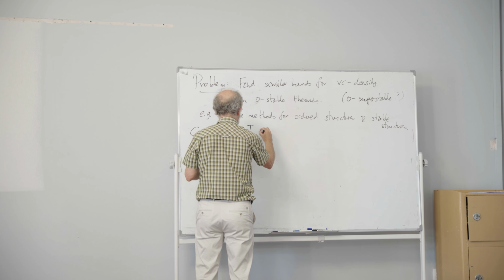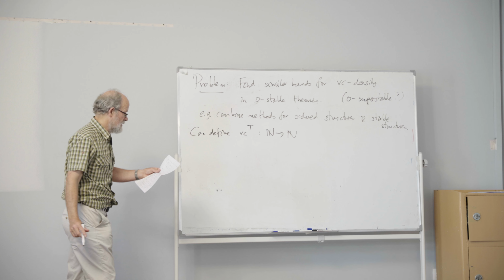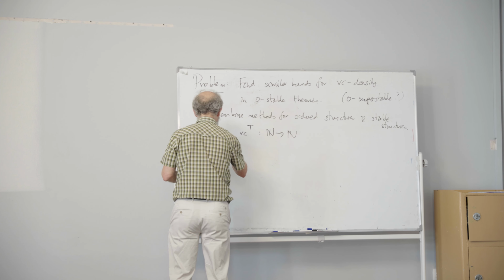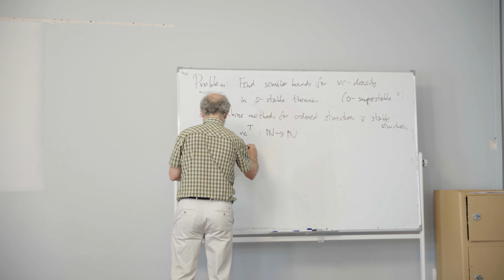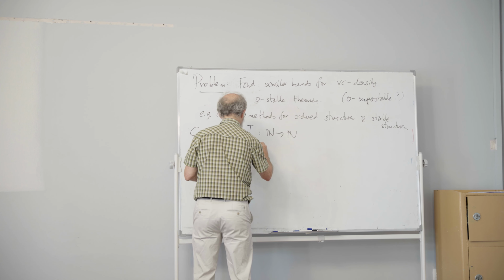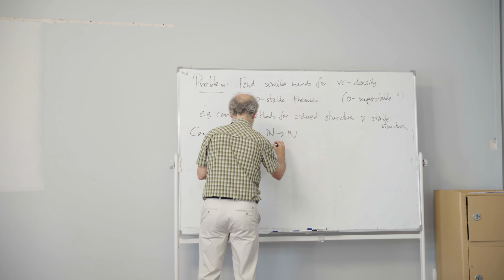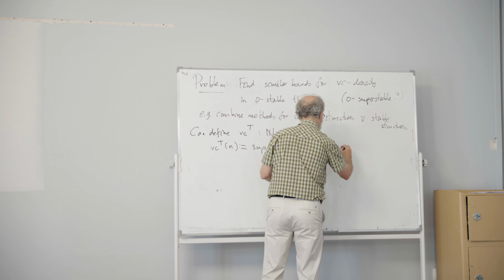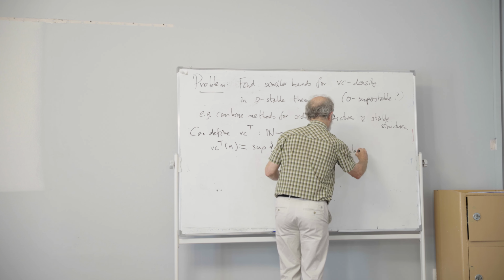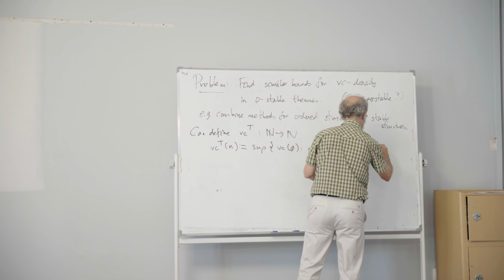So T is a theory now. And the idea is that VC_T of n is the supremum of the set of all things of the form VC of phi, where phi(x,y) is a formula and the length of y is n.